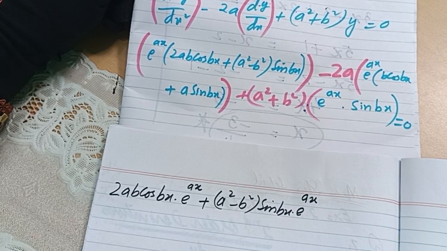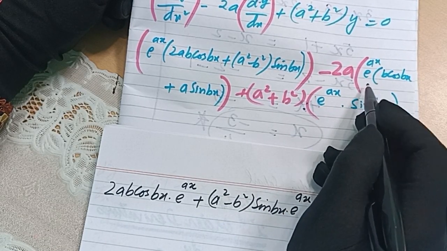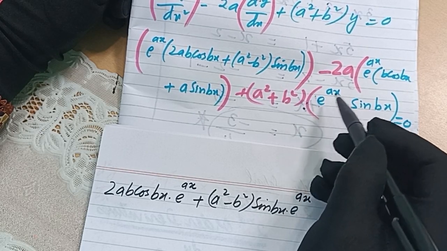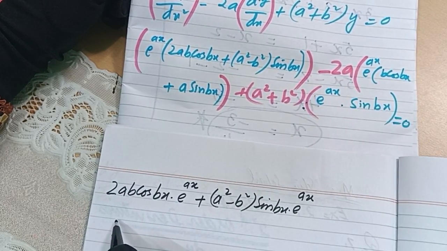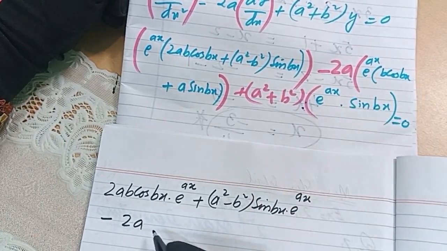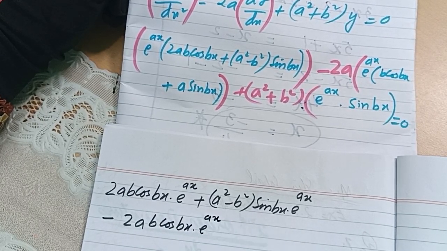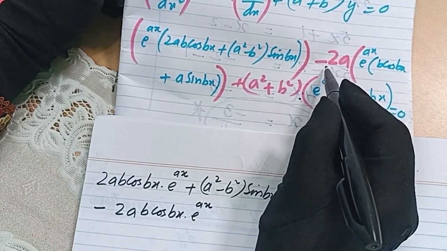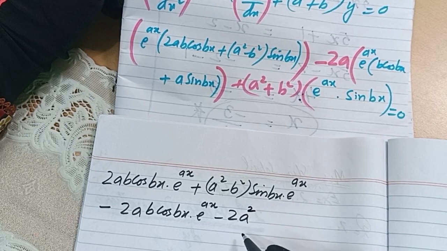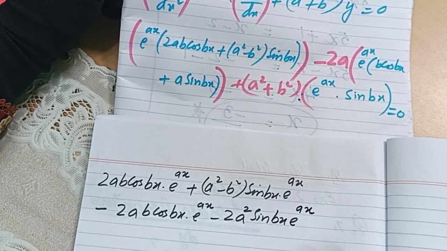Slowly we will go. Minus 2a times this one, or first multiply these two terms, or together we can multiply together. Okay, minus 2ab cos of bx into e power ax. Now again minus 2a with this one, a and a will become a square sine of bx into e power ax.